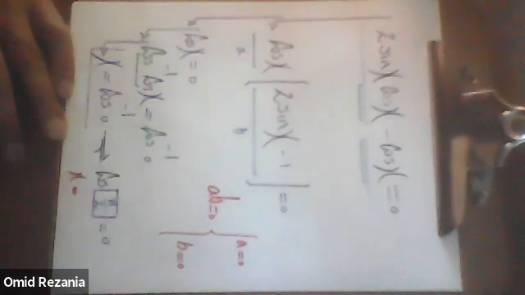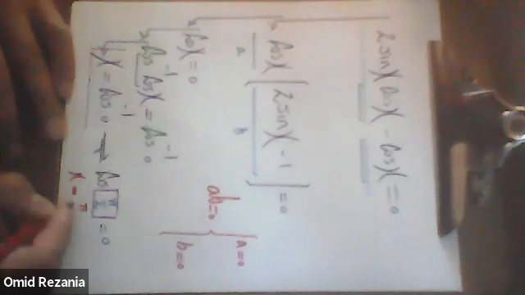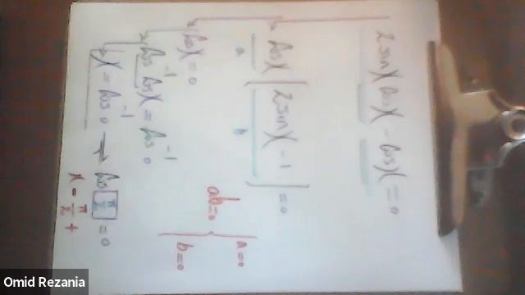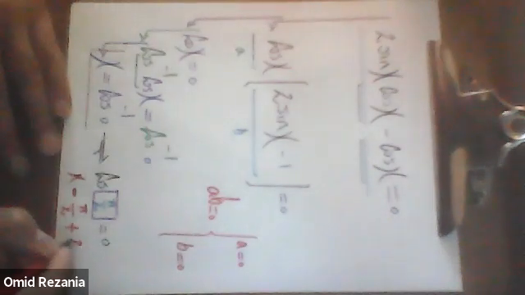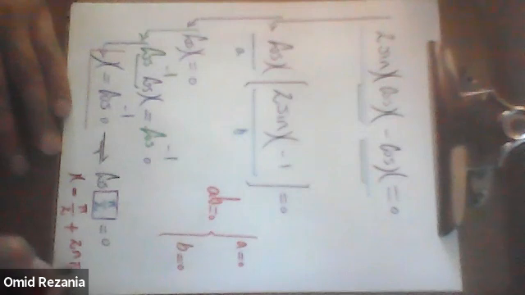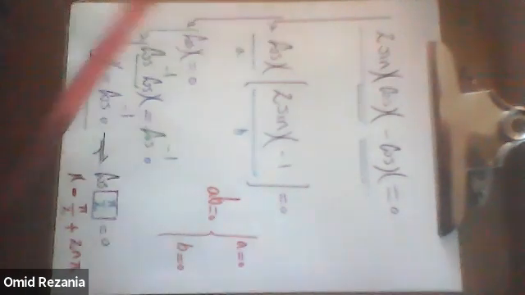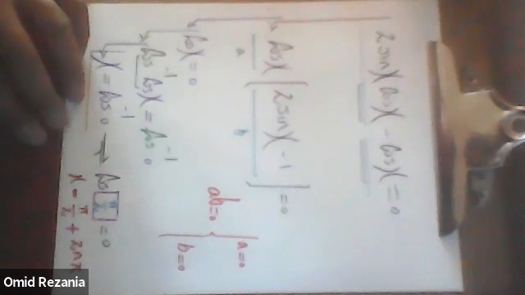Yes. x becomes what? Becomes pi over 2 plus, because we are looking for all the answers, 2n pi, where n can be 0, can be 1, can be 2, any integer number represents a correct value for this expression.